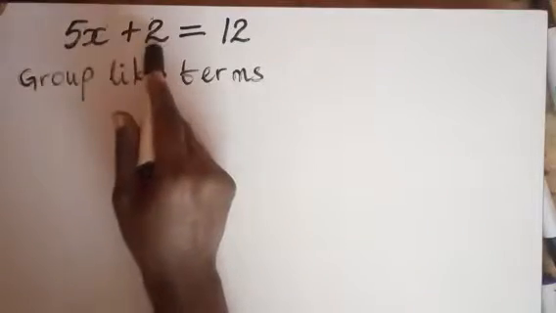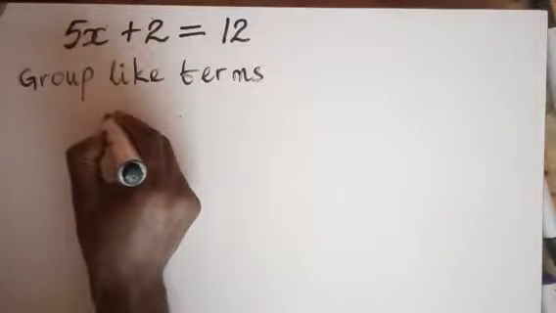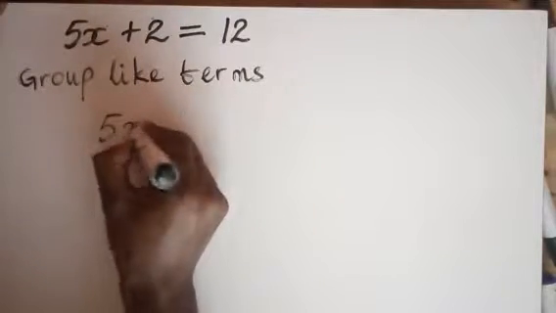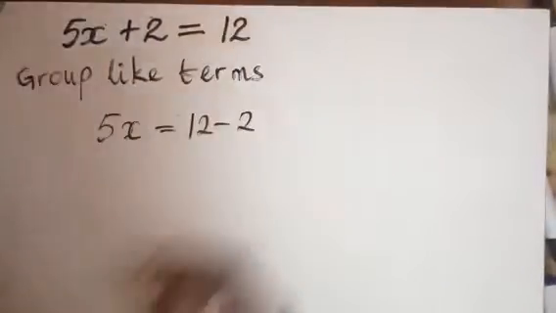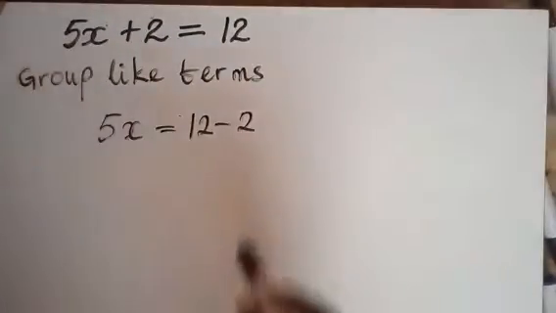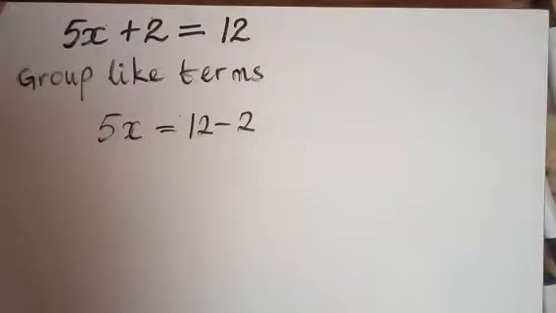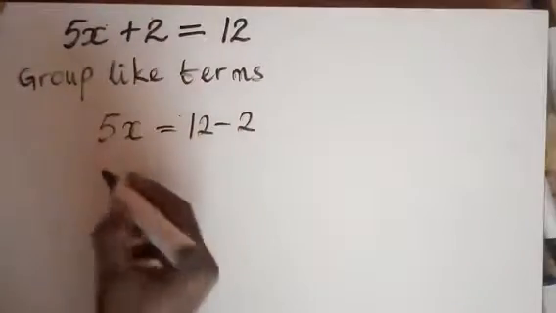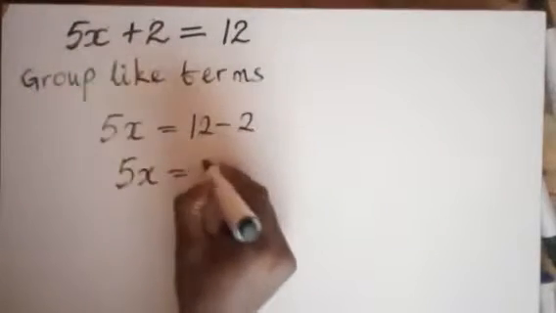But this is a number 2 and this is a number 12. So we are going to get 5x equals 12 minus 2. Then, because they are numbers, we just subtract 2 from 12 and we get 10. So I'm having 5x equals 10.